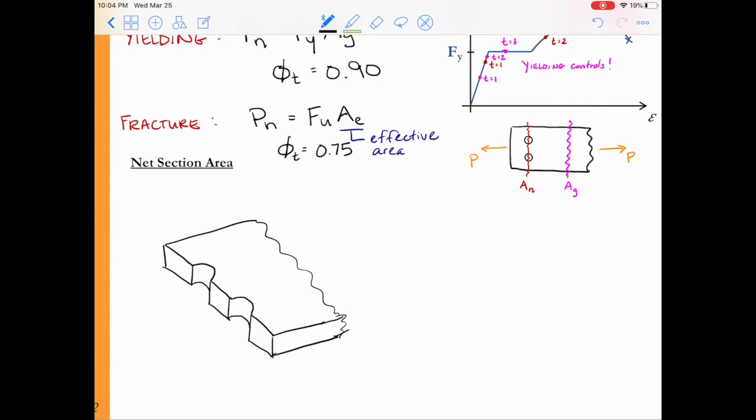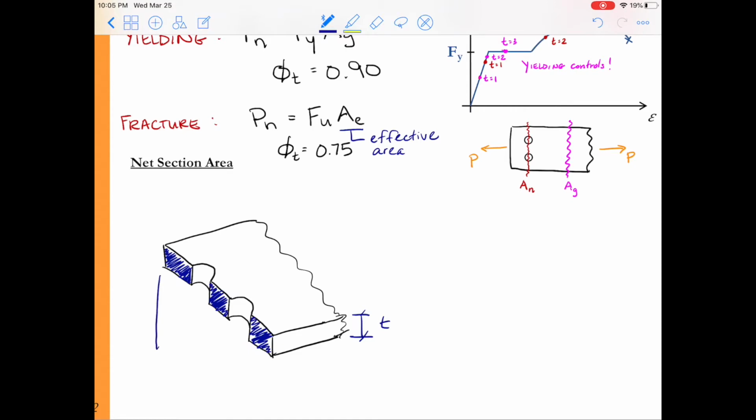Alright, so that is approximately what we saw that we need to come up with the net section area. I'm going to shade in the net section area in blue here. It's these three rectangles on the front face of the connection here. Alright, a few geometry items.